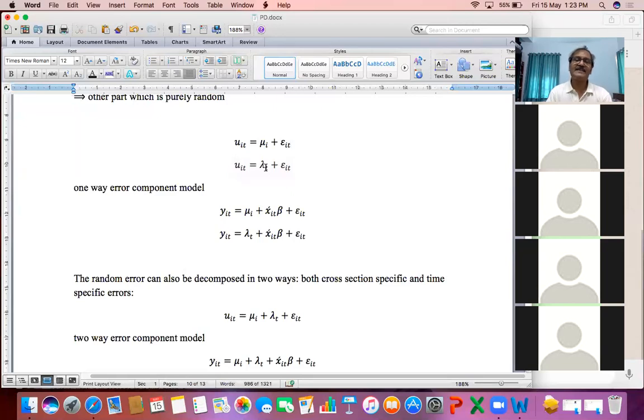But this technology may not be different at a particular point of time across the individual units. Suppose we are considering a set of factory units producing similar products, say pharmaceutical manufacturing units. The level of technology at a particular point of time, that is, the level of technology today, may be roughly similar for all factory units. But the level of technology used today may be different from the level of technology used 2 years back, 3 years back.